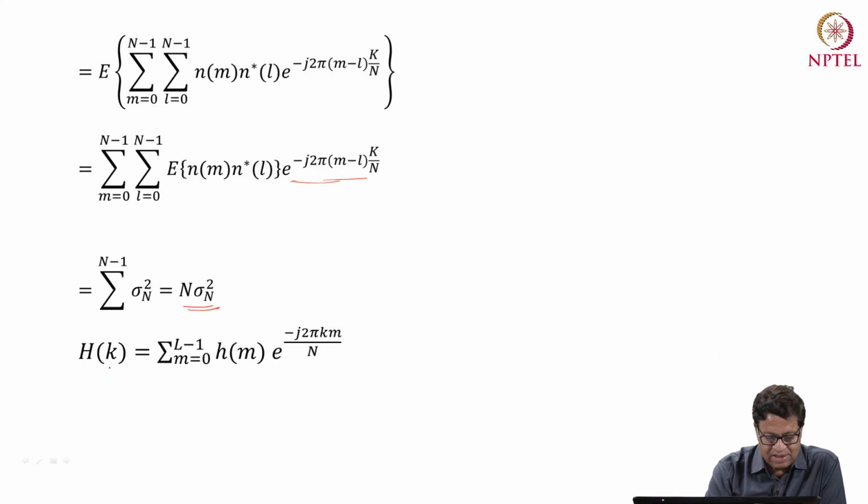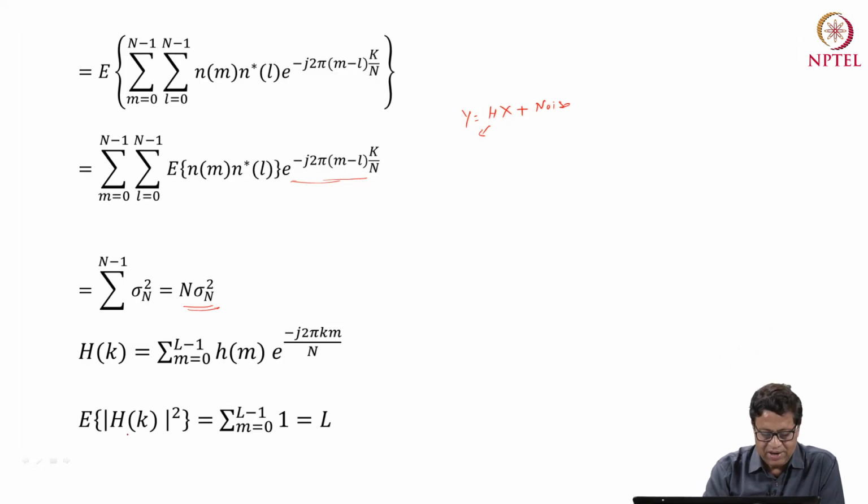And let us do the same operation for Hk. Hk is given by these L paths. Remember we had an L tap filter. So H will have values from h0 to h(L minus 1) into e raised to minus j 2 pi km by N. This is actually from this equation. So I am trying to calculate the N-point FFT of h.